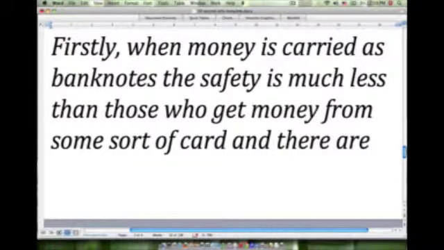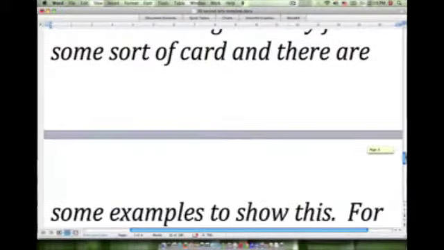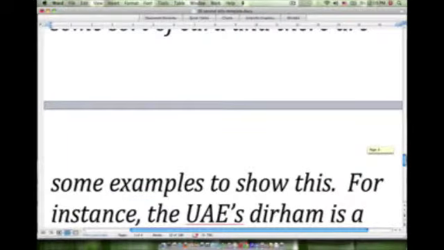Firstly, when money is carried as banknotes, the safety is much less than those who get money from some sort of card. And there are some examples to show this.